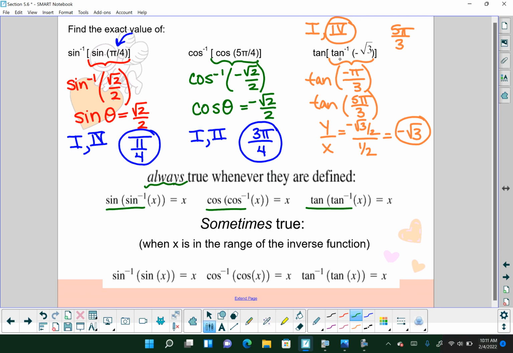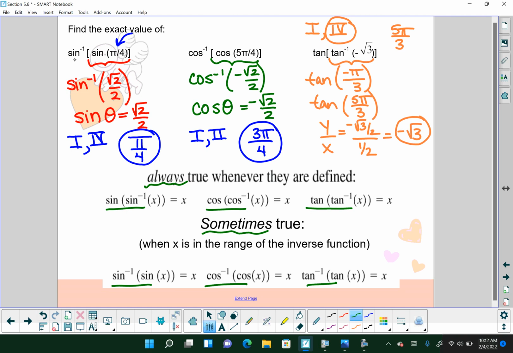The inverse function was on the innermost parentheses. In that case, they will always cancel each other out, and whatever value x you start with, you will end with. The only times it is sometimes true is when your inverse function is on the outside, like these two that we did with sine and cosine.